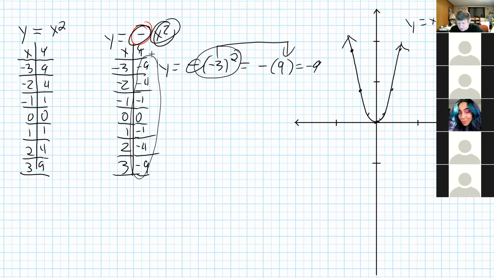So what would the graph look like? It's going to open, oops, wrong place. Let me get rid of that one point there. That's in the wrong place. They're going to open downward.